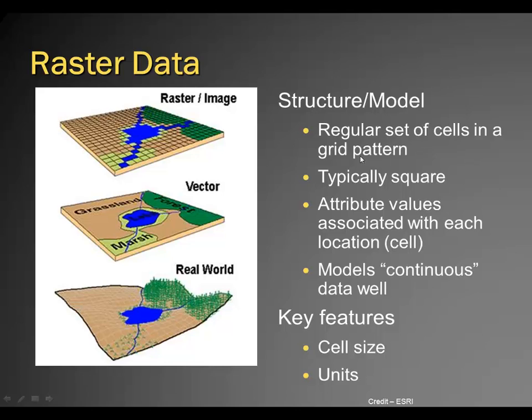It's a regular pattern of cells, typically square, and what's in the cell is some information that tells you what that object is being represented. So in the particular cell, we're representing the stream here by turning on the cell. Instead of drawing a line, we turn on a series of cells to represent the stream, or turn on a group of them to represent a lake, or turn on a group of them to represent a real world.